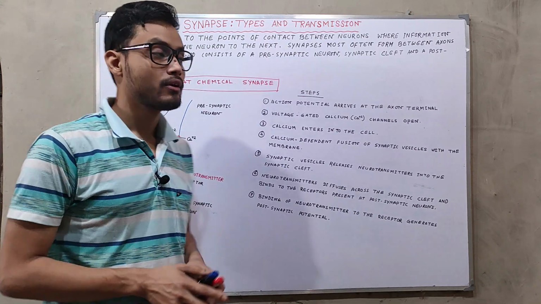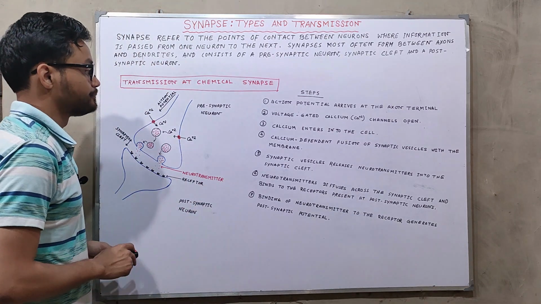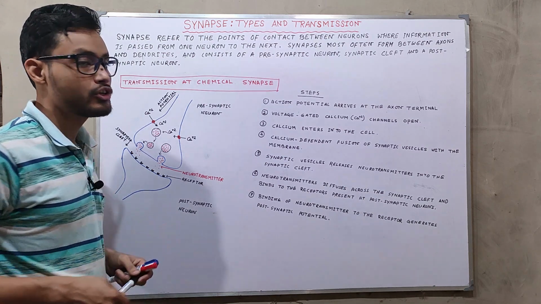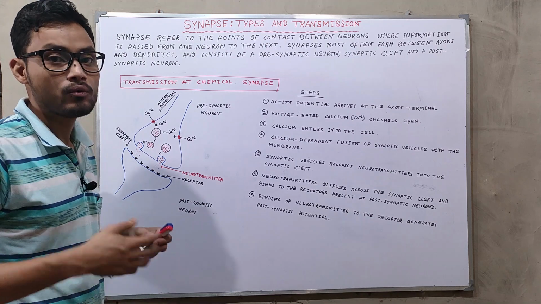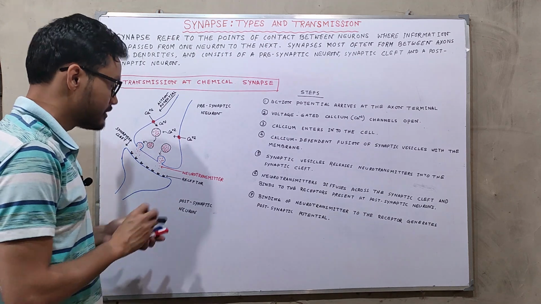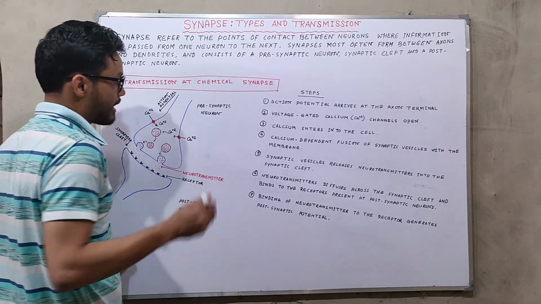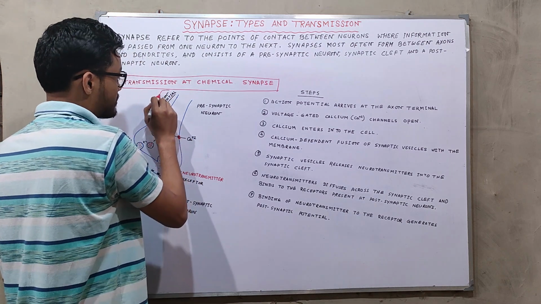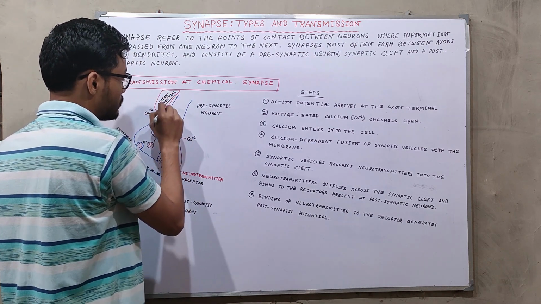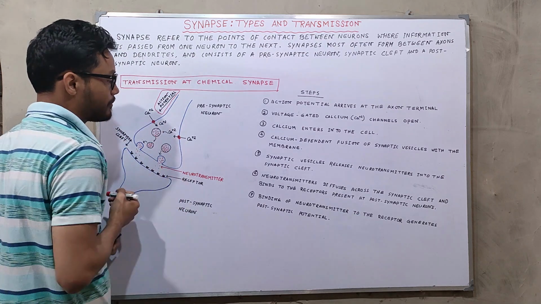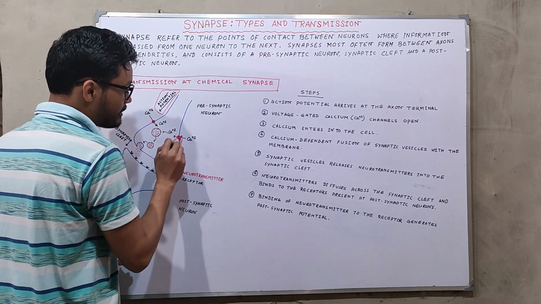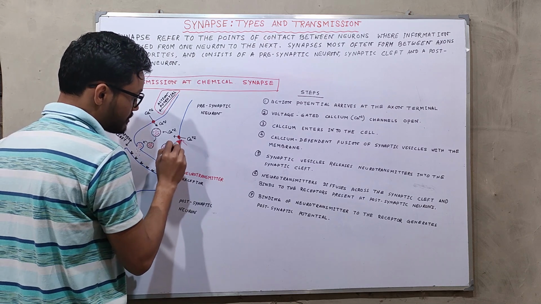First of all, whenever an action potential is generated in a neuron, it passes along the axon, and whenever these action potentials arrive at the axon terminal, the calcium channels open.